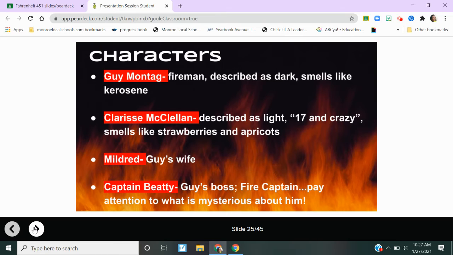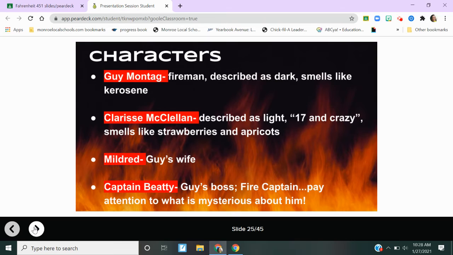Okay, every single fireman is going to have dark features. They're going to be described with dark hair. They're going to have soot on them. They're going to be in dark clothing. You will know when somebody is not a good person in the book because when they enter the room, there will be shadows. They will talk about how dark their eyes are. It's very evident when people are good and when people are not good.